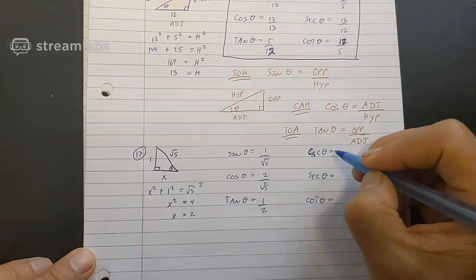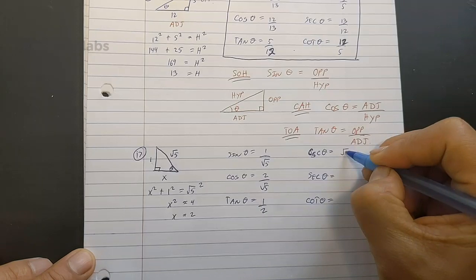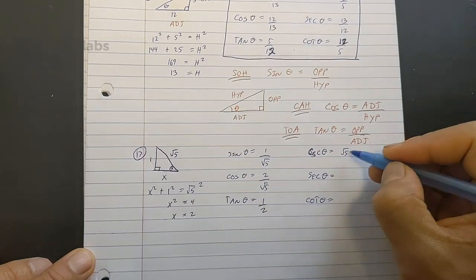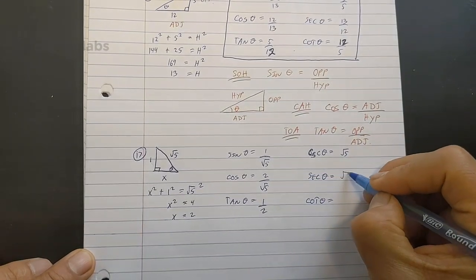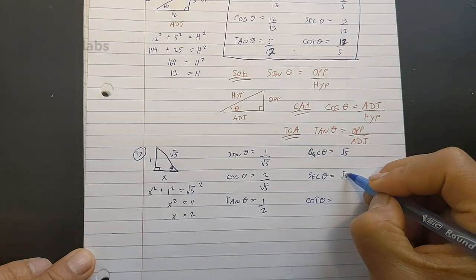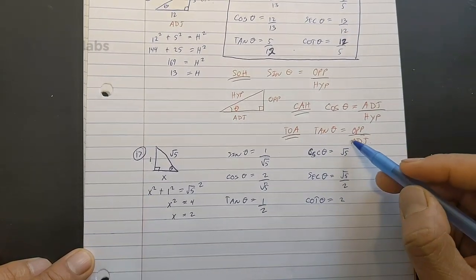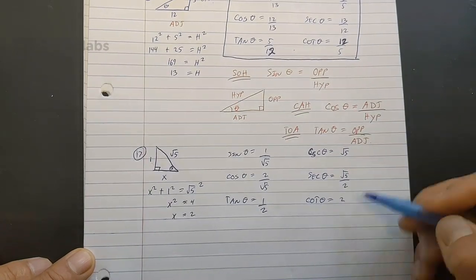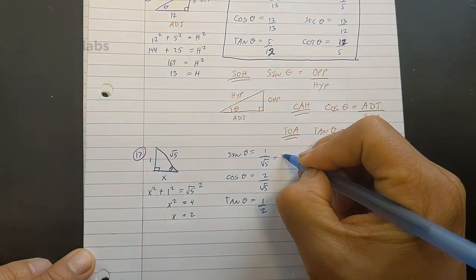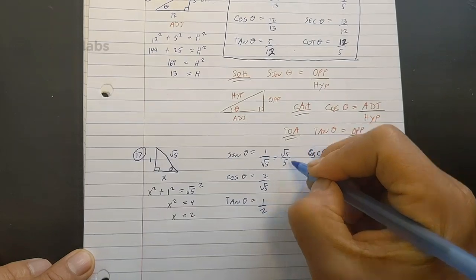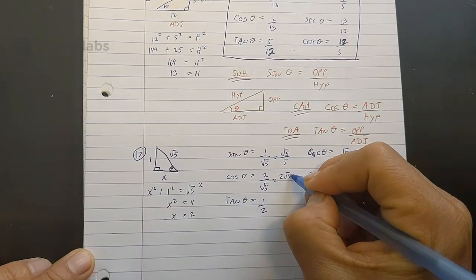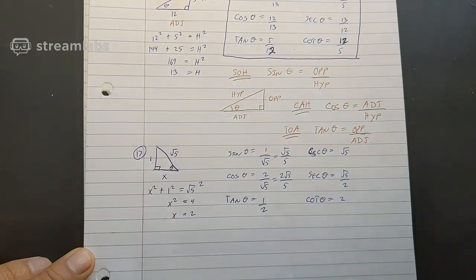The reason why I do this is because it's so much easier to just use the reciprocal of it, because these are reciprocal functions. And notice that the reciprocal function is already rationalized, so now all I have to do is deal with this. And I'm done.